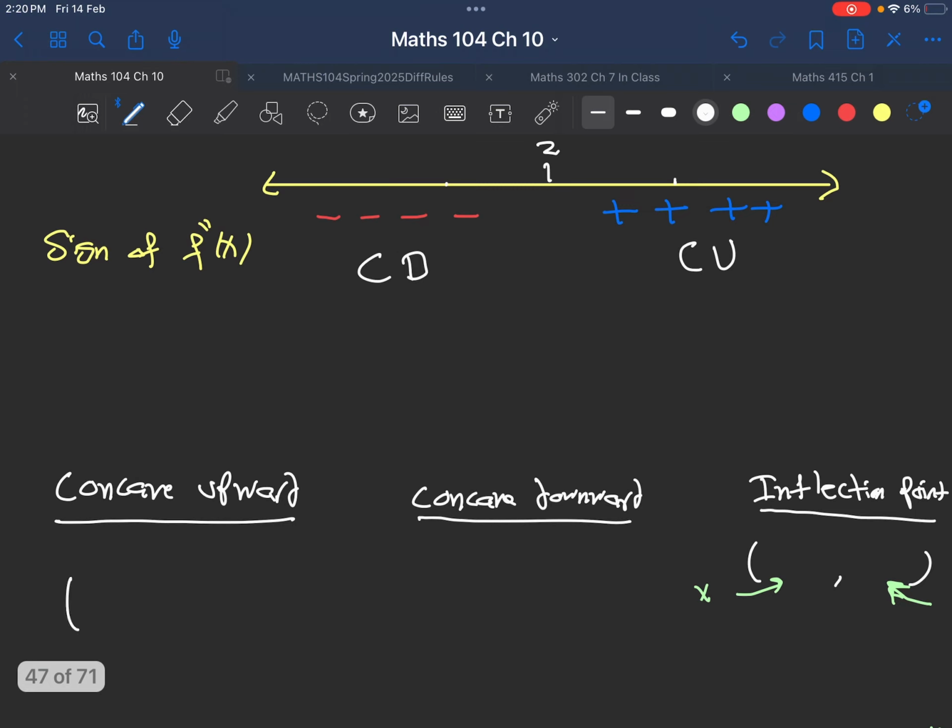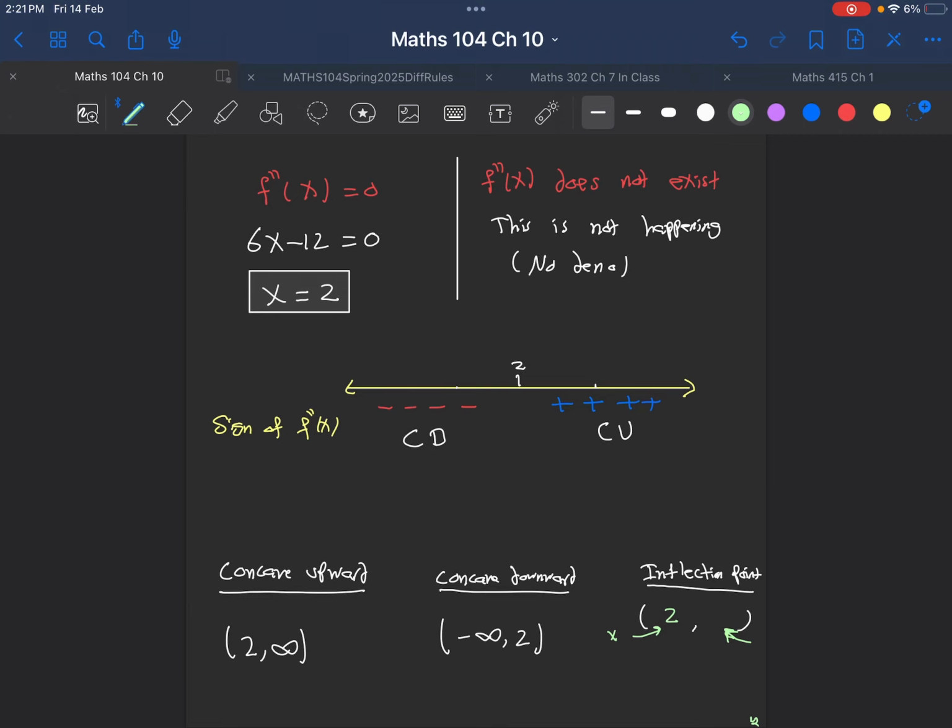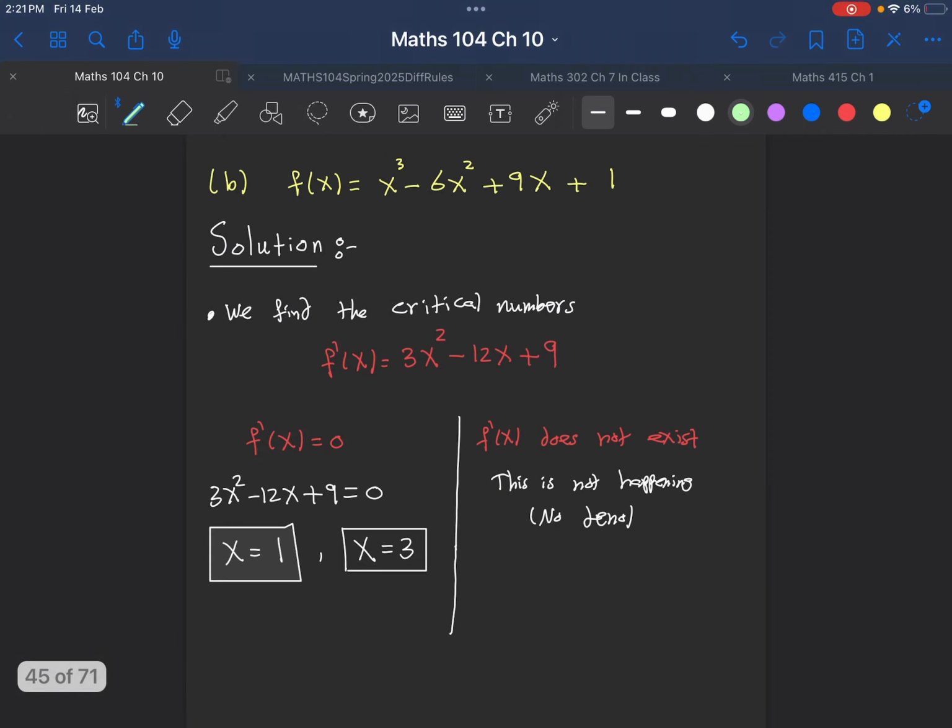This means it is concave downward, and this is concave upward. So the function is concave upward from 2 to infinity, downward from negative infinity to 2, and finally the inflection point, where the function changes from concave upward to downward, is x equal to 2.